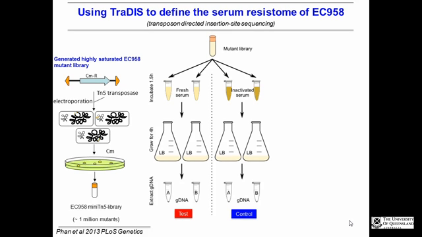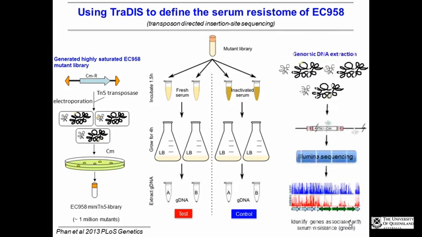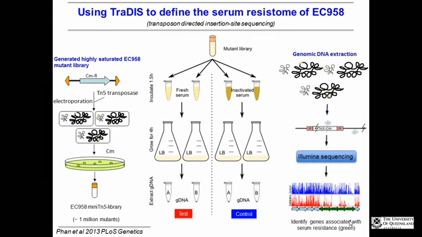We then took the cells and grew them for 4 hours in LB, and then we centrifuged the cells and extracted the DNA. From this DNA, we devised a strategy whereby we could amplify the flanking region of the transposon and sequence that.